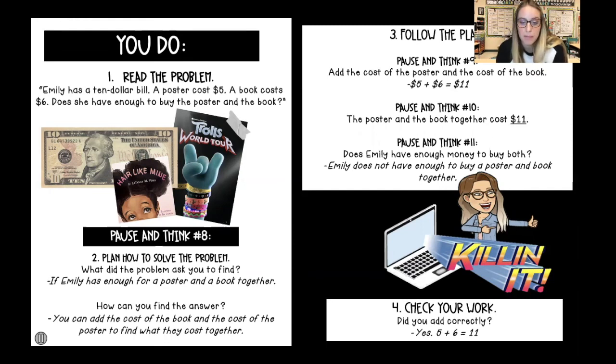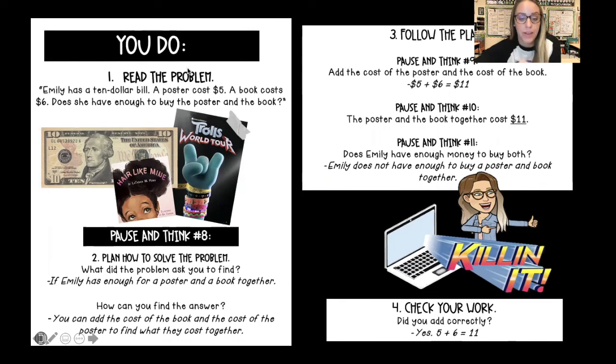What did the problem ask you to find? So our problem asked us to find if Emily had enough money for the poster and the book together by asking, does she have enough money to buy the poster and the book? How can you find the answer? We can add the cost of the book and the cost of the poster to find what they cost together.